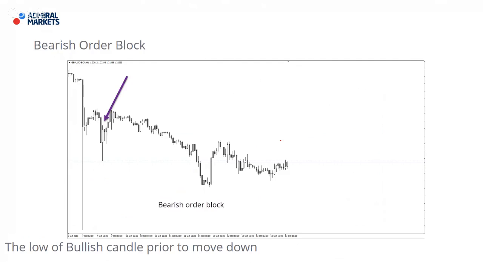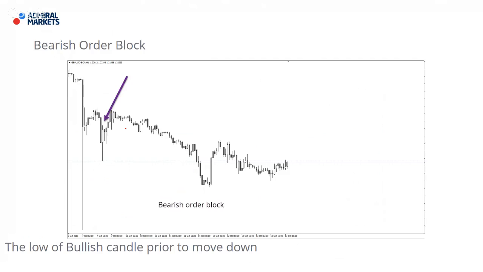My favorite pattern, my favorite tool that I use for trading and analysis, is the bearish and bullish order block. A bearish order block is the low of a bullish candle prior to a move down. Those bearish order blocks can be found when you take a look to the left.